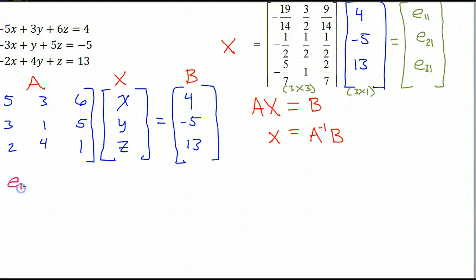Element 1, 1 means row 1 times column 1. So I'm doing row 1, it's a very thick row, times column 1. That would look like this. I've got negative 19 over 14 and 3 over 2 and 9 over 14. And then we've got 4, -5, and 13.